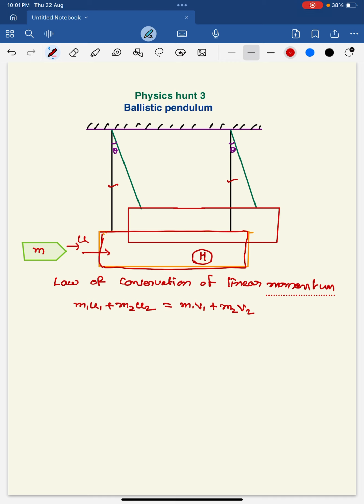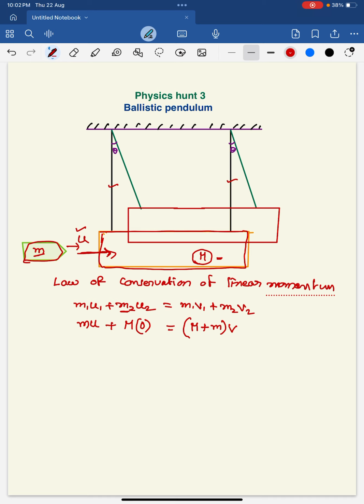Here the mass of the bullet is small m, so instead of m1 I'm taking small m, and the velocity of the bullet is u, so mu plus m2, the mass of the wooden block, capital M, into u2. Initially the wooden block is at rest, so u2 is 0. This is equal to, when the bullet hits the wooden block, it penetrates into the block, so the total mass becomes wooden block mass plus bullet mass, both moving with common velocity v.